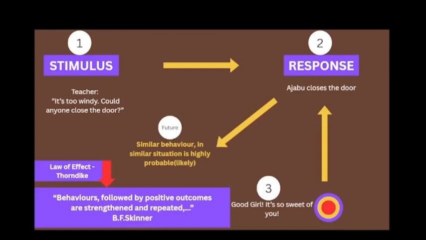So, whenever the students respond to the teacher's demand or stimuli, the teacher should immediately respond back in such a way that promotes the student's behavior in the near future. This is nothing new, but it has some theoretical underpinnings.